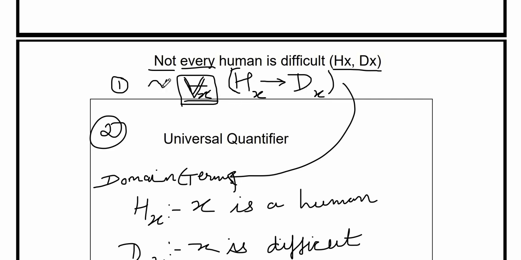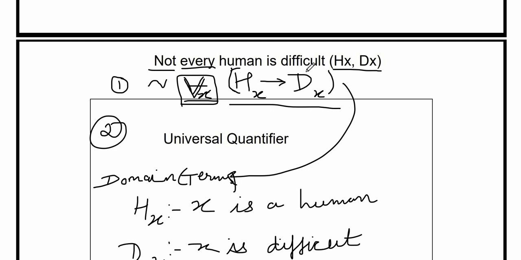Now here they have said negated. So x is a universal quantifier, and hx implies dx. So if x is a human, it implies x is difficult, but now they are saying not difficult. In this particular part it's saying it is difficult, but when we quantify it, all are not difficult.